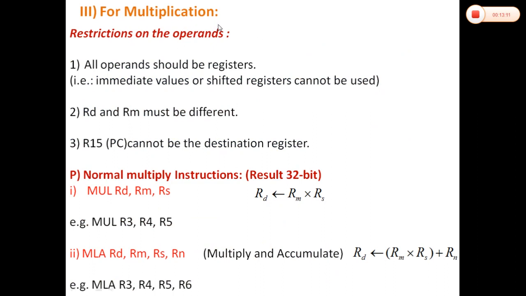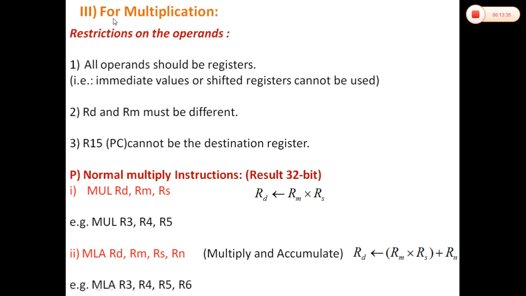For multiplication, multiplication instructions are made available due to the existence of the multiply and accumulate unit in the ARM architecture. And therefore, there are certain restrictions on the operands.